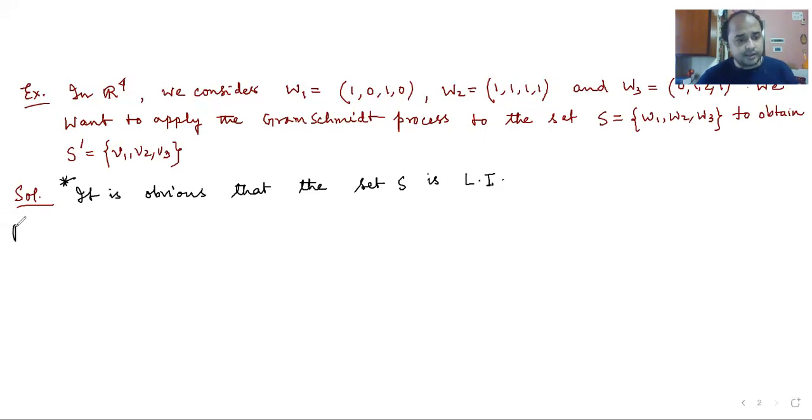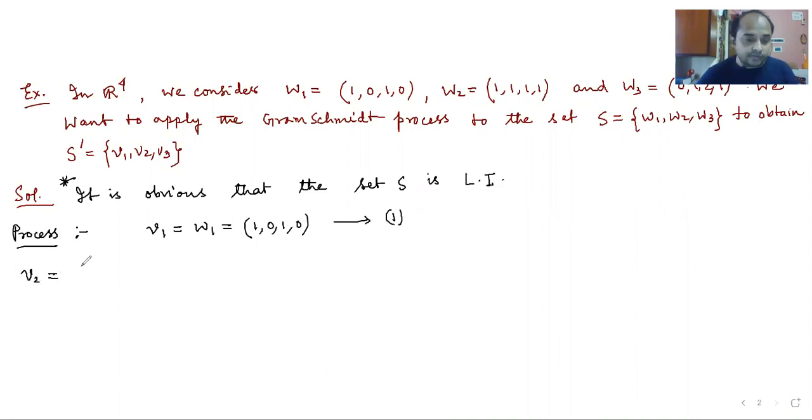Now the process, according to the Gram-Schmidt process: the first vector V1 of S prime should be equal to W1, and therefore V1 is the same as W1, so 1, 0, 1, 0. Very good. Now this is my number 1. Then V2 by the rule. Now carefully observe what the formula was.